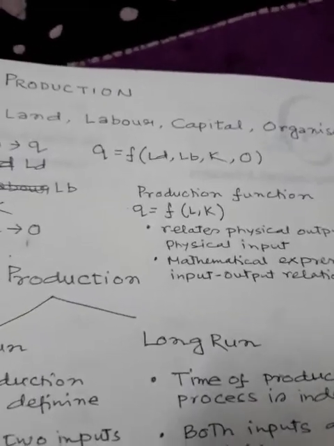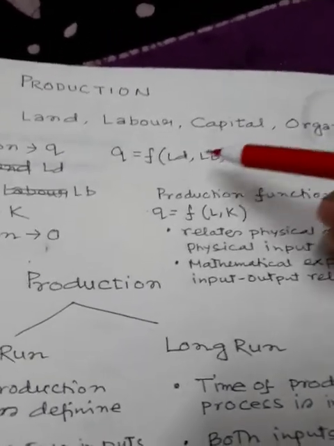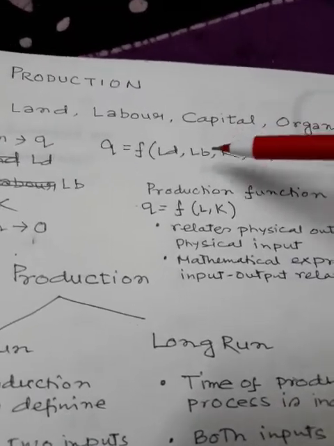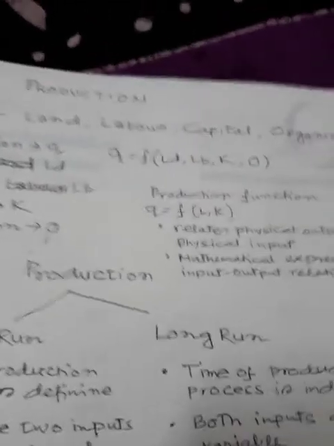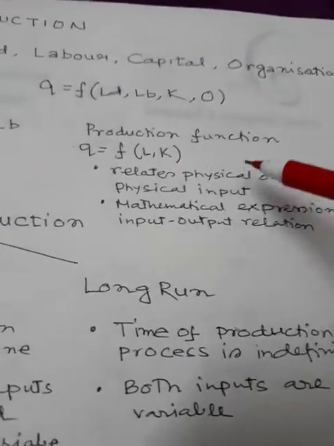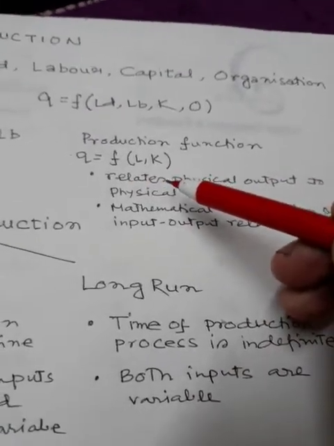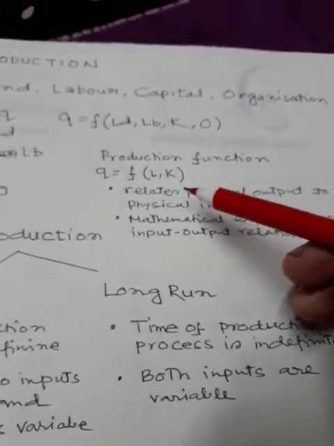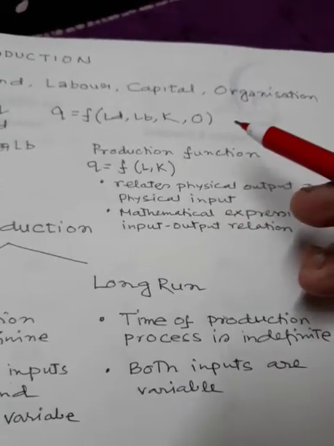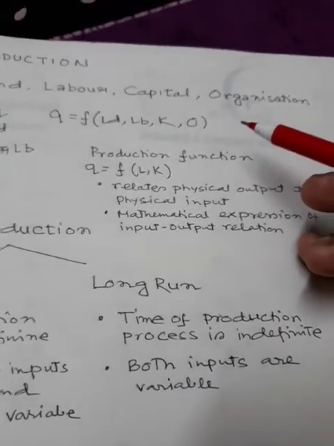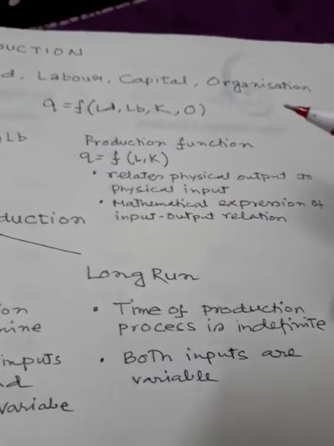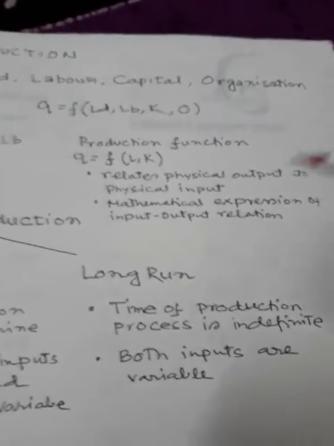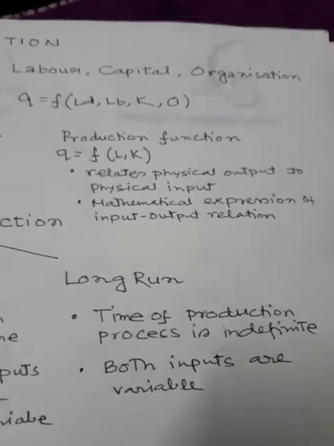Now, in the theory of production, amongst these four factors, we will consider only two: labor and capital. So, the production function is like this: Q equal to function of L, K. What is production function? The relationship between production and its factors, when expressed by an equation mathematically, that equation is called production function.